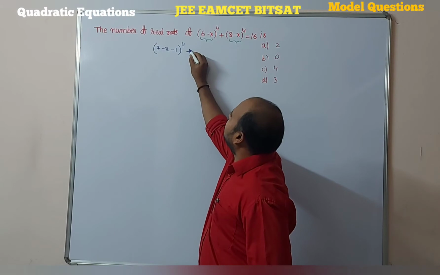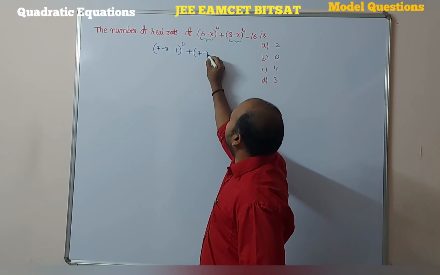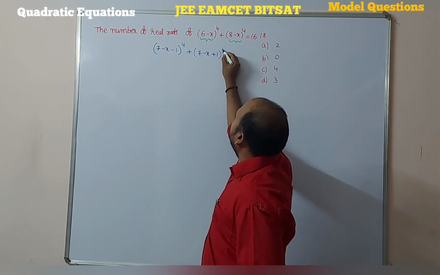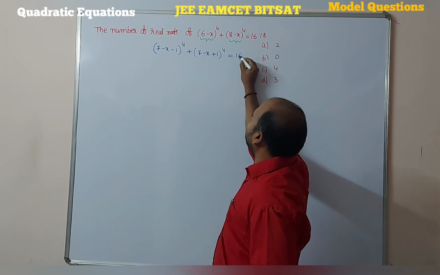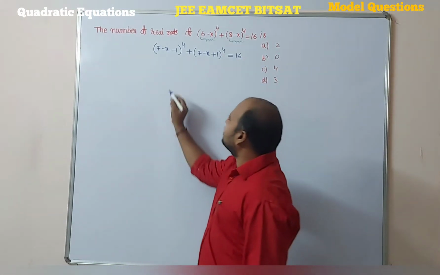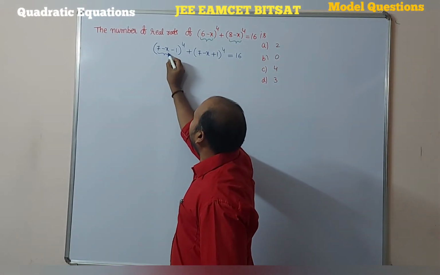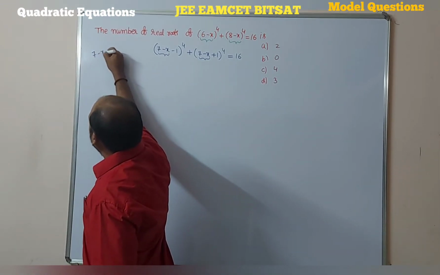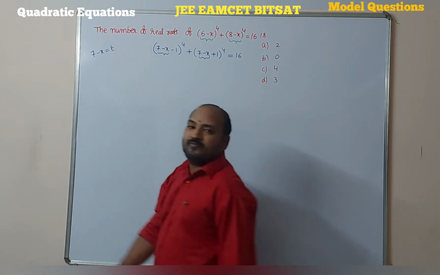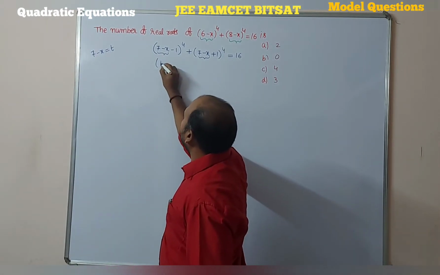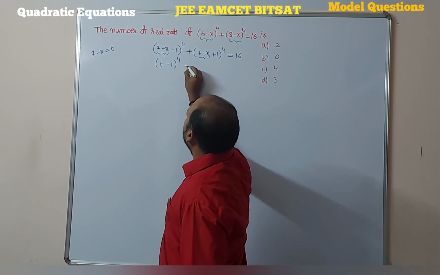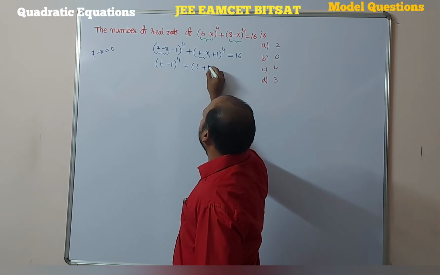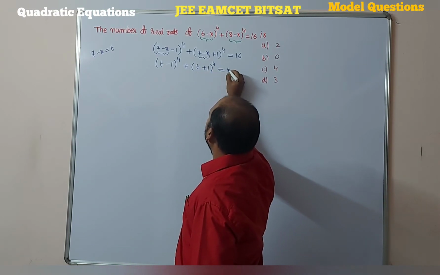Plus (7 − x + 1)⁴, which is equal to 16. In that, 7 − x is common. So let 7 − x be equal to some t. So (t − 1)⁴ + (t + 1)⁴ = 16.